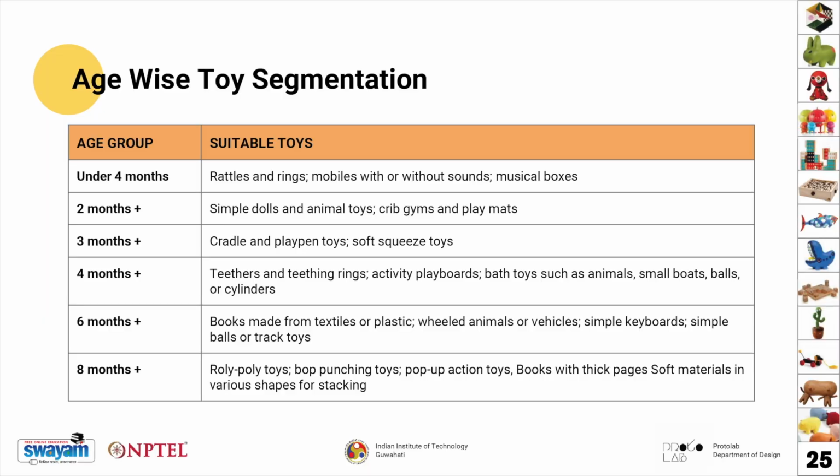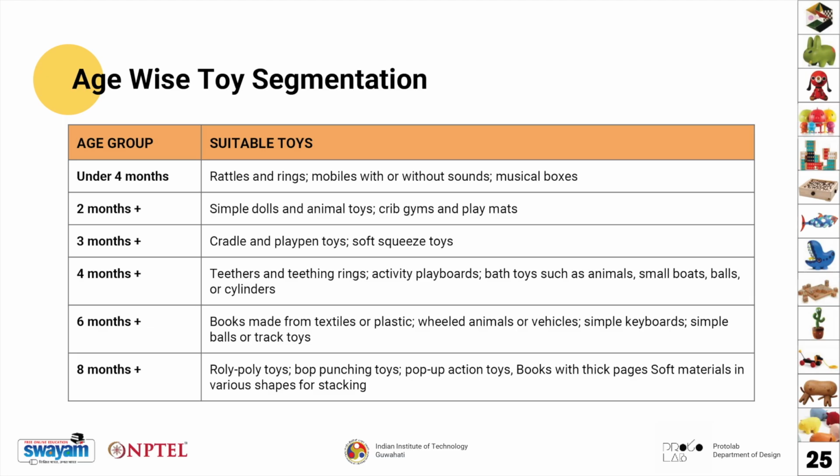For infants under 4 months, toys such as rattles, rings, mobiles, and musical boxes are commonly used. These toys stimulate visual tracking, auditory response, and early hand movements.